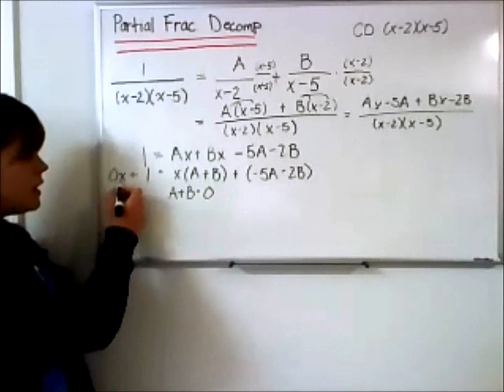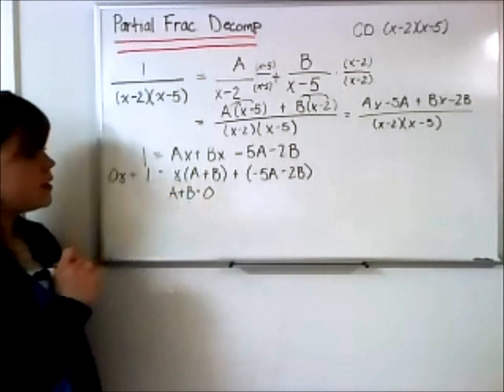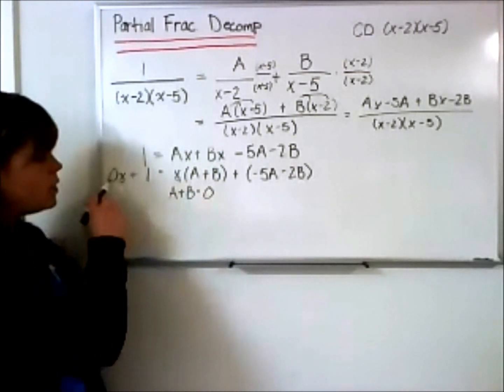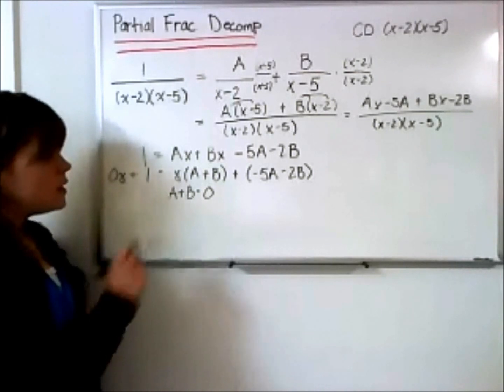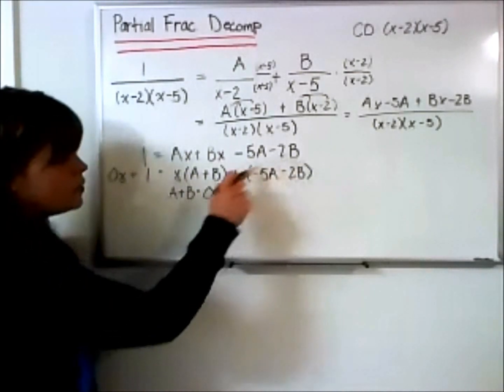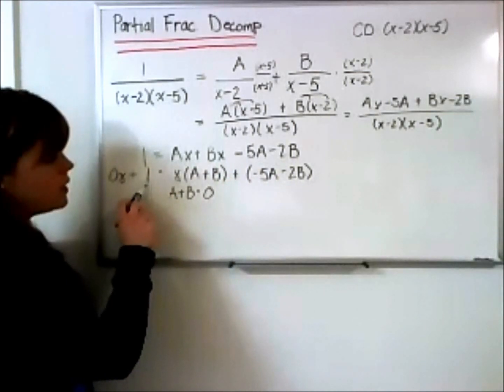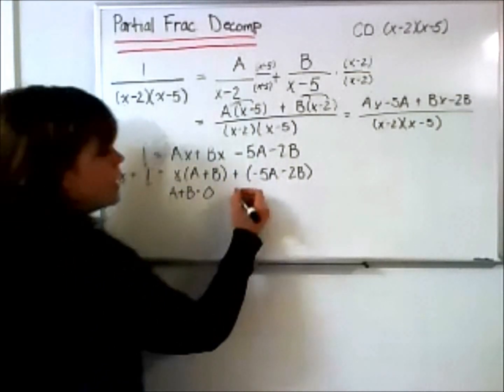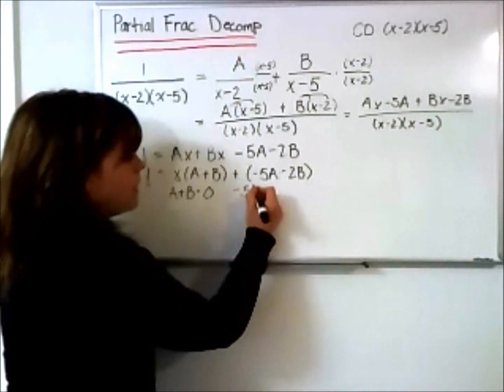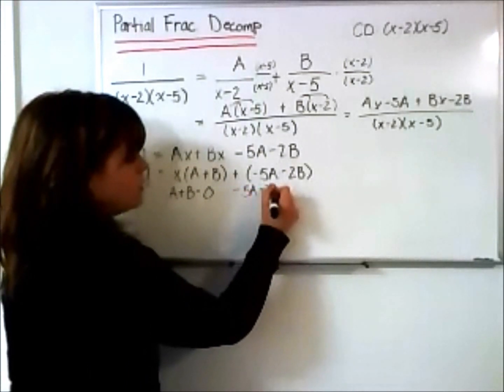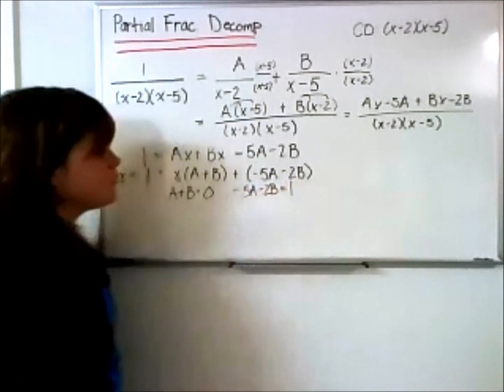So we're comparing our x terms, the terms with just one x in it, and we know that that has to equal 0. Similarly, this whole thing is simply a number, and our only number on this side is just 1, so we'll get minus 5A minus 2B equal to 1.